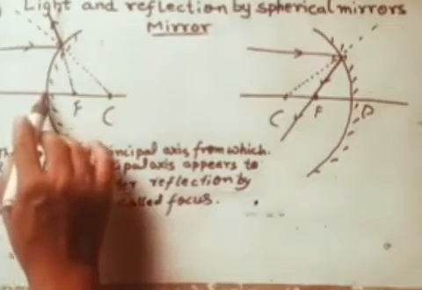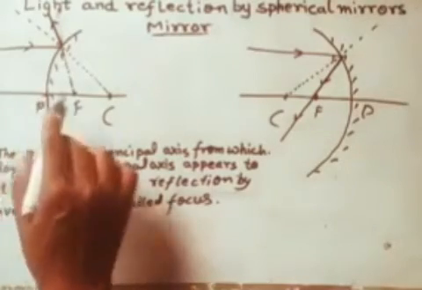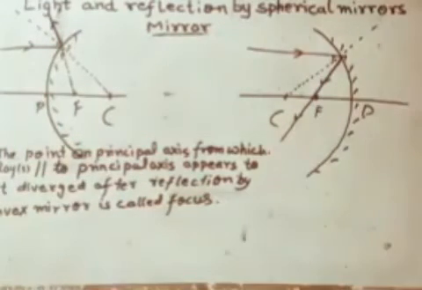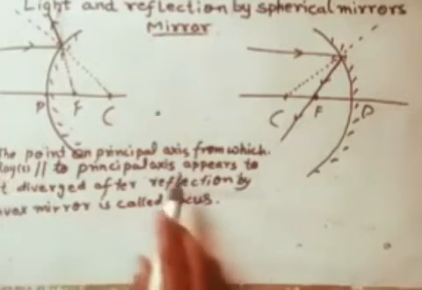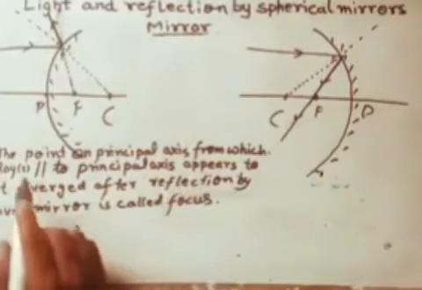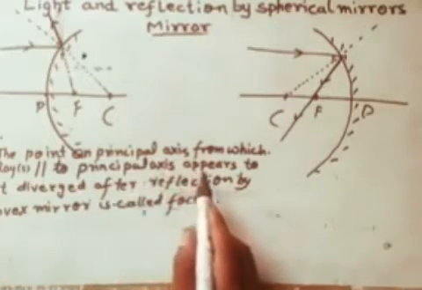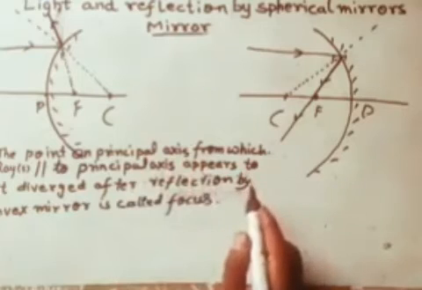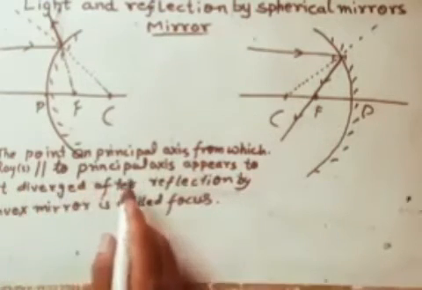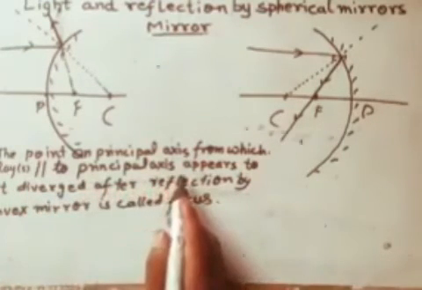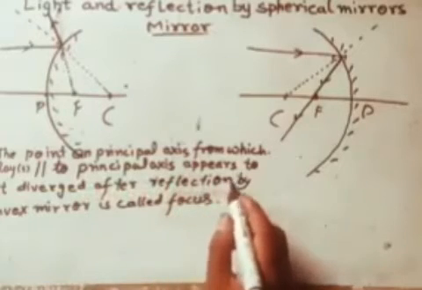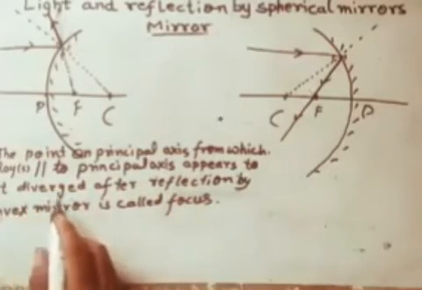The length between the pole and the focus is called the focal length. Now in the case of a concave mirror, how will we change the definition? The entire thing remains the same: the point on the principal axis from which rays parallel to the principal axis appear to get diverged.